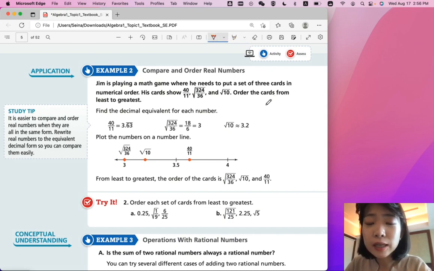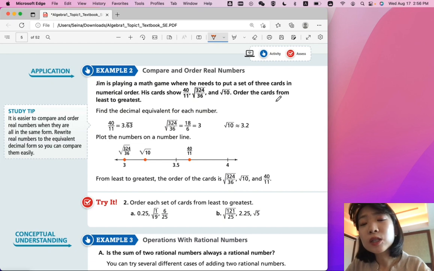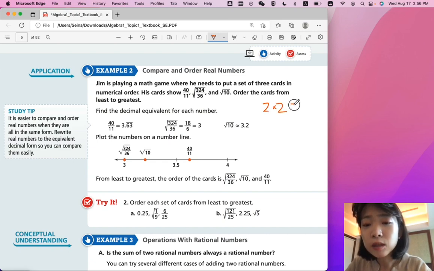Square root is related to powers and multiplication. So 2 times 2, for example, would be 4, right? You can write that as 2 to the power of 2 because we're multiplying 2 two times.